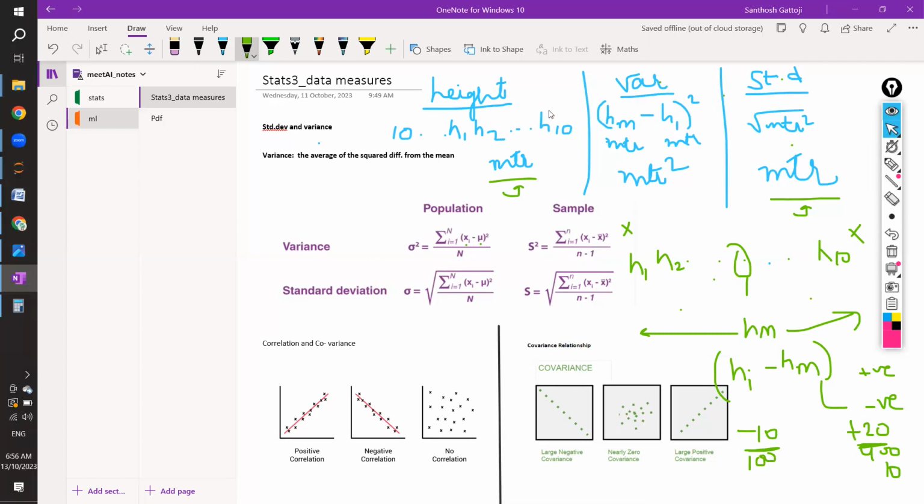That is the reason you don't directly use the values, you square the difference and then use the values. That gives us variance. But since the units will get changed, to bring back the same units we do the square root of the variance. Is this clear, guys? Did you get what I'm trying to say?